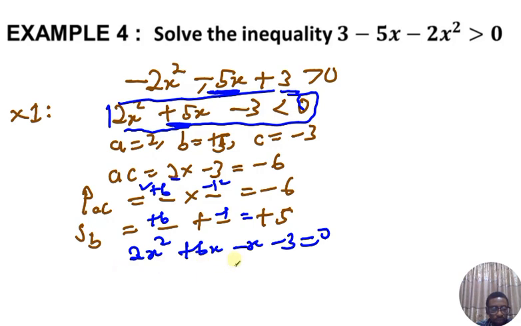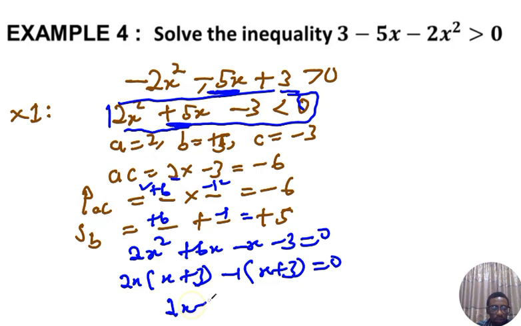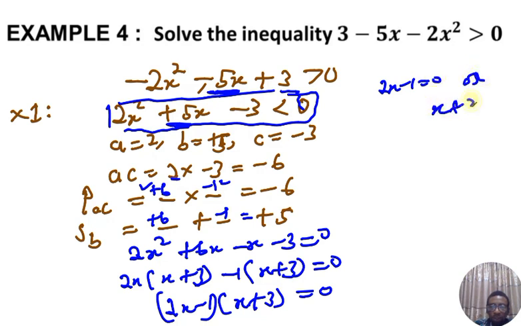If I factorize this, it will give me 2x brackets x plus 3, minus 1 bracket x plus 3 equals 0. So here I will have 2x minus 1 times x plus 3 equals 0. So the roots: 2x minus 1 equals 0 or x plus 3 equals 0. So I'll get x equals 1 over 2 or x equals minus 3.